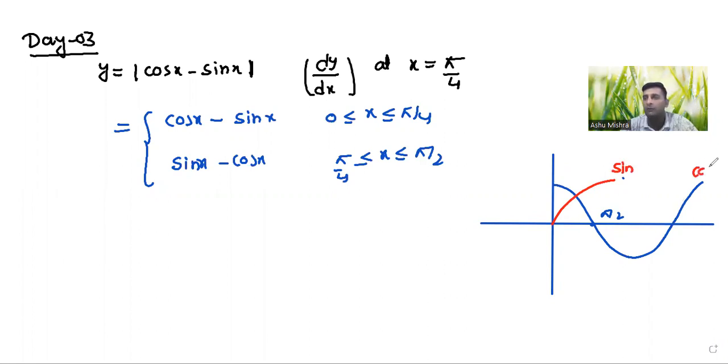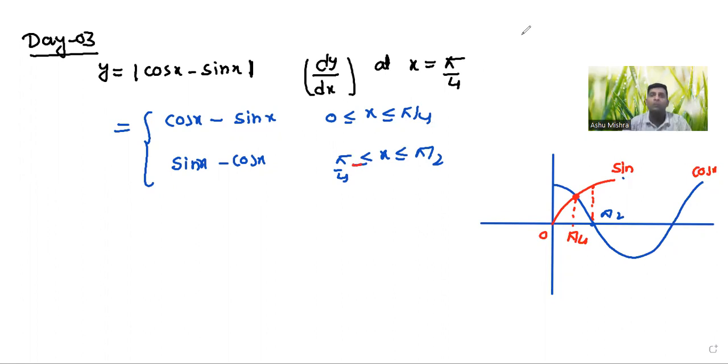The point where both values are equal is the point pi by 4. Between 0 and pi by 4, cos is greater compared to sine. Between pi by 4 and pi by 2, sine is greater than cos. That's why it is cos x minus sin x when x is between 0 and pi by 4, and sin x minus cos x when x is between pi by 4 and pi by 2.